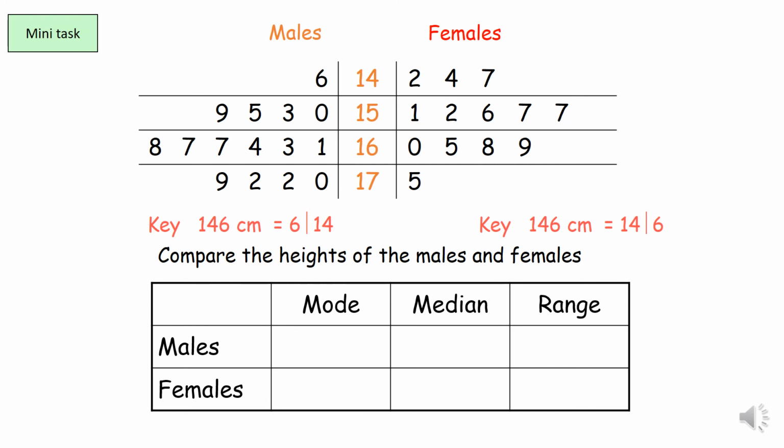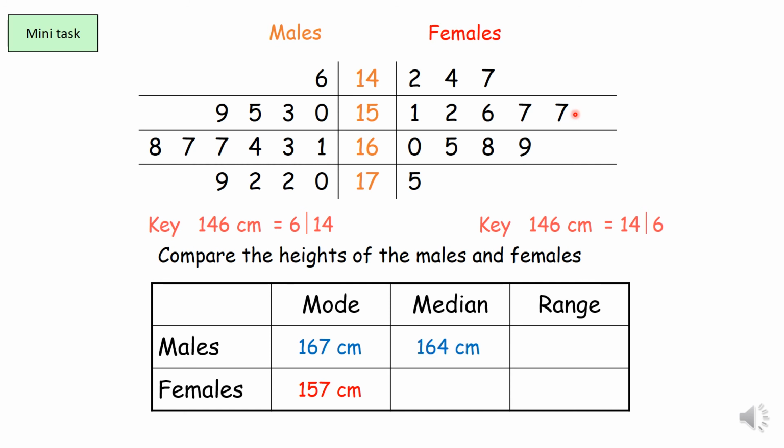Okay, so hopefully now everybody has got the mode for the male, 167. So you got 2 7s there, so that would be 167. And for the female, you would get 157. Median, you have to put them in order, cross one from each side.